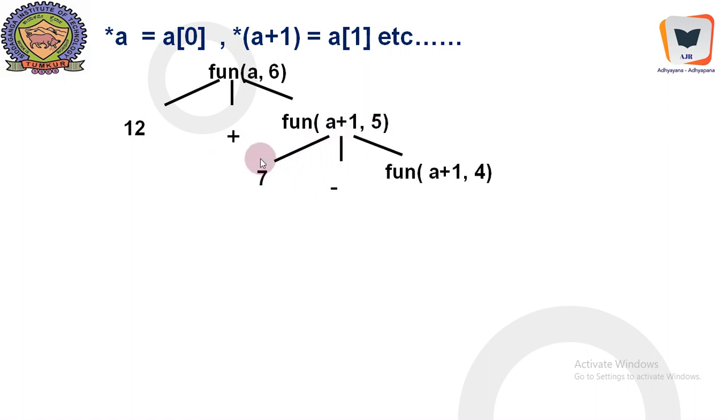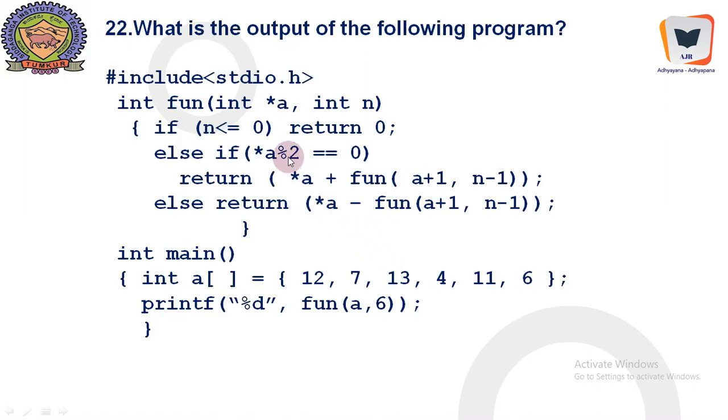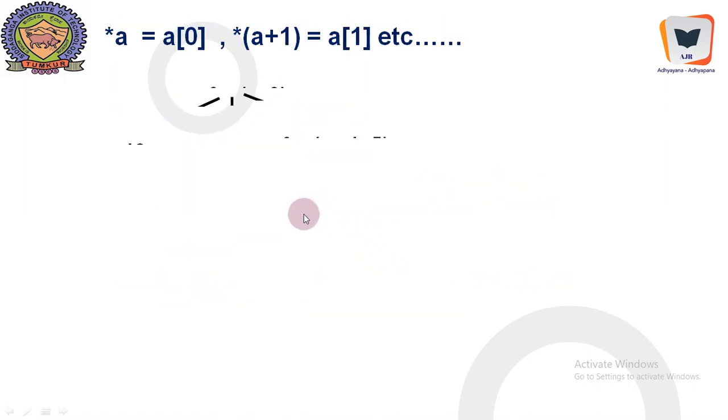Function a plus 1 means it will go to the next cell, 7, minus function. Star a mod 2 is not equal to 0 because it is 7. Therefore, it will take a minus sign over here. You can carefully trace, and a plus 1, the next cell, contains 13. Once again, it is not divisible by 2, mod operation.